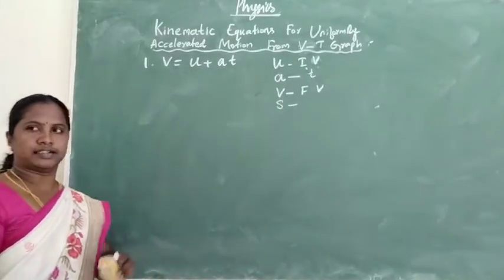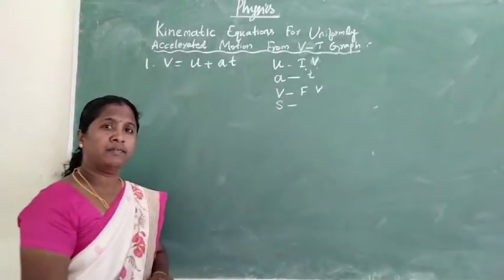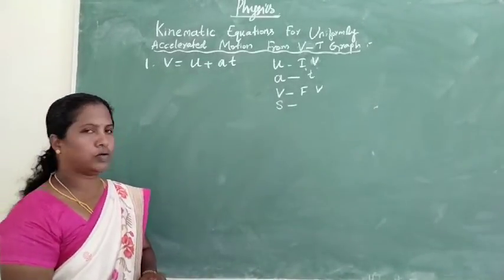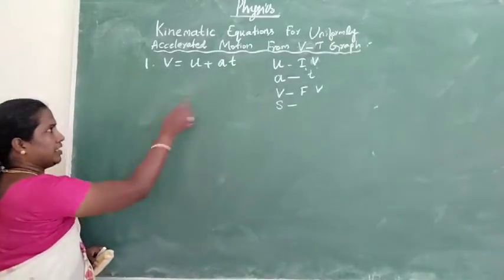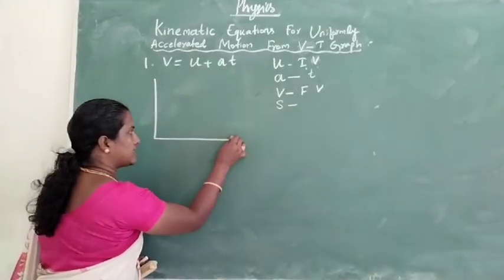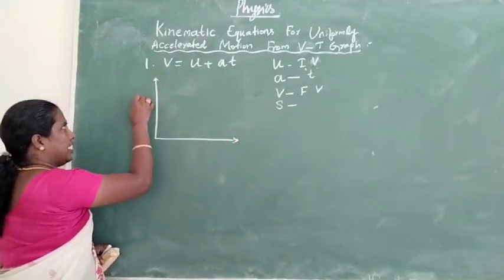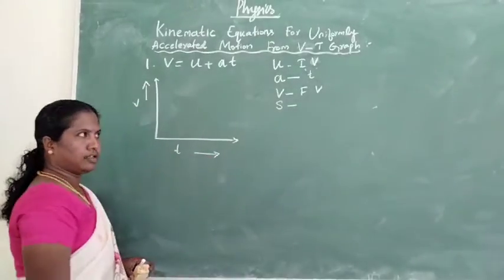For this condition, let us draw the velocity time graph. How to draw the velocity time graph, we have already discussed. Velocity is along the y-axis and time is along the x-axis.